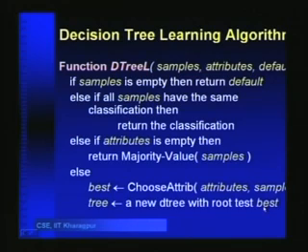So, this is recursively going down from the top node to the successor nodes, right. So, at every level we have a set of samples, we have a remaining set of attributes, and our objective is to split these samples based on a chosen attribute. So, that chosen attribute is best. So, we create a subtree with the root test best. So, in the root of this subtree we will examine the value of the variable best.